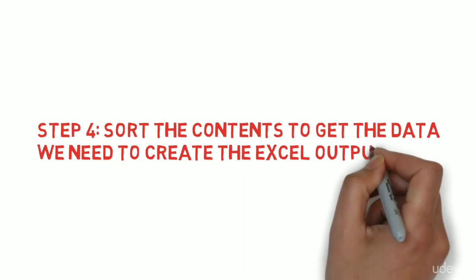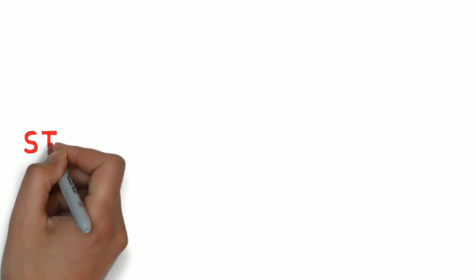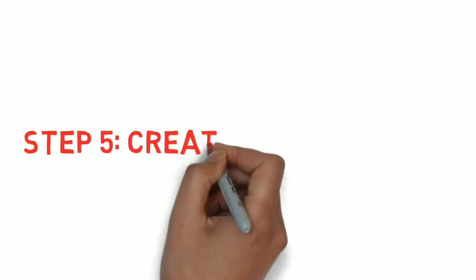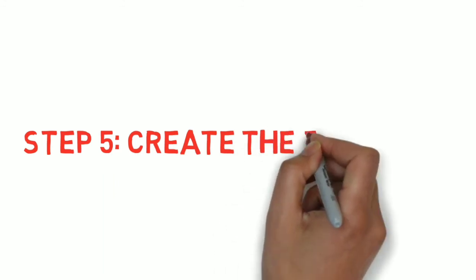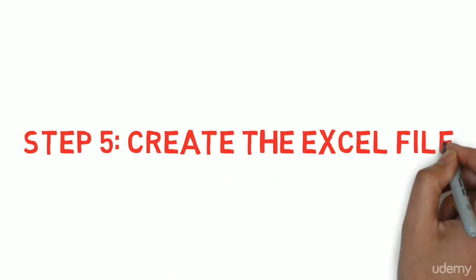This is exactly what we'll need to create our Excel output. At the end of this, we take this information and create our Excel file. That's it. These are the steps that we will need to go through to do this real world example.